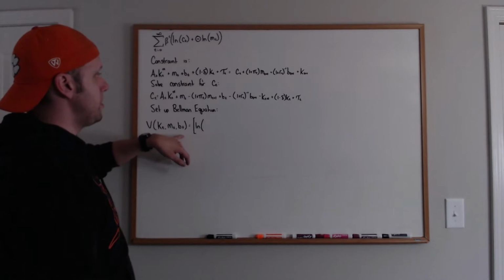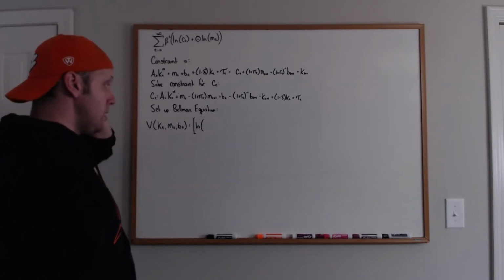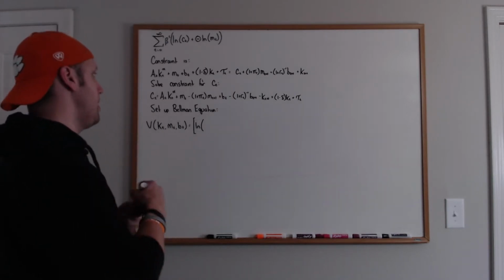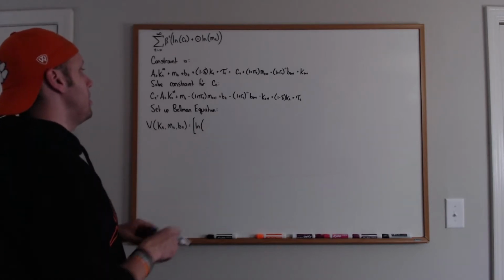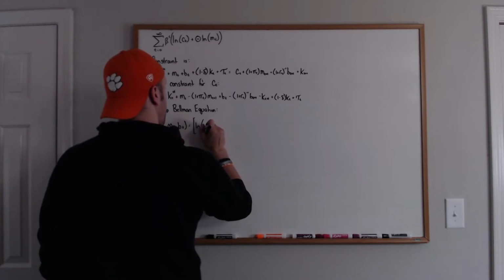As long as you understand that you have to do the chain rule on all of these derivatives. So what I am going to do for writing the Bellman equation is write out this entire constraint inside.